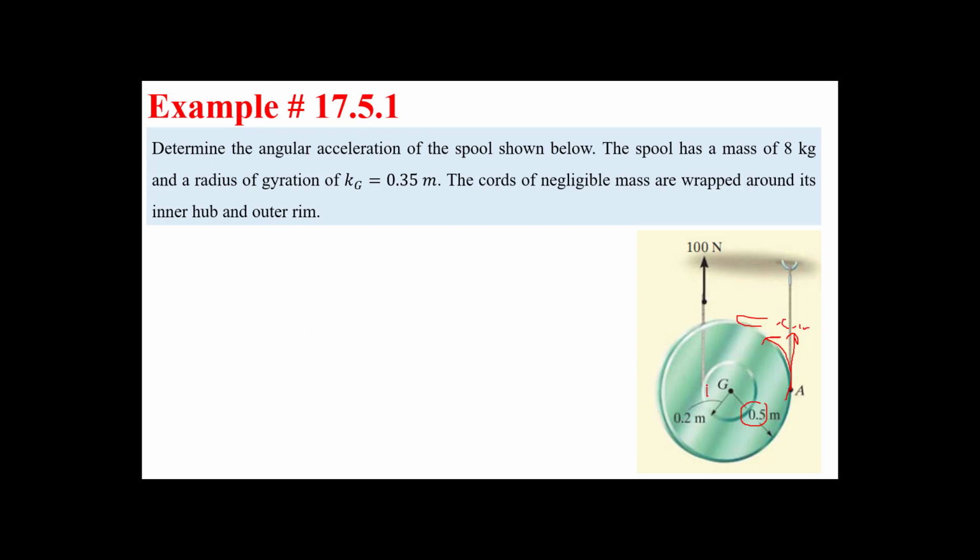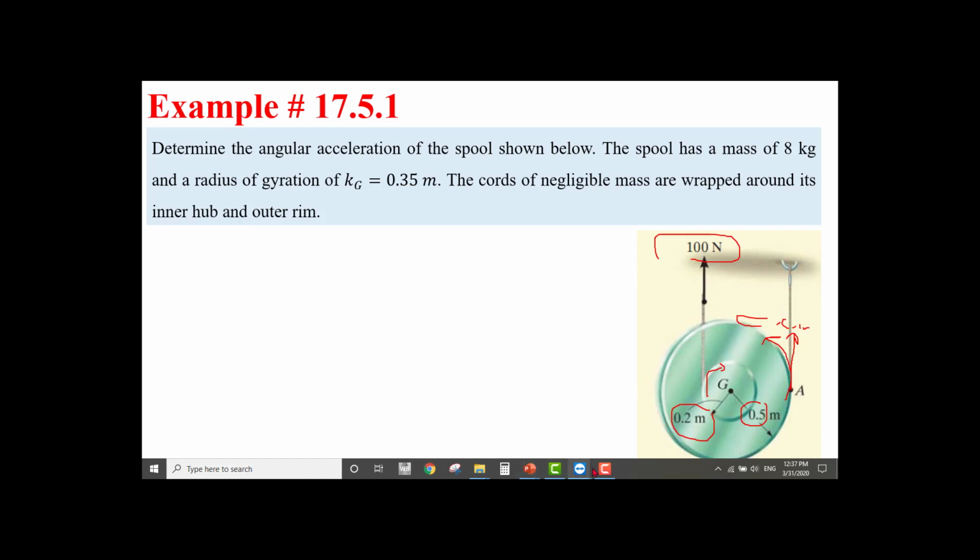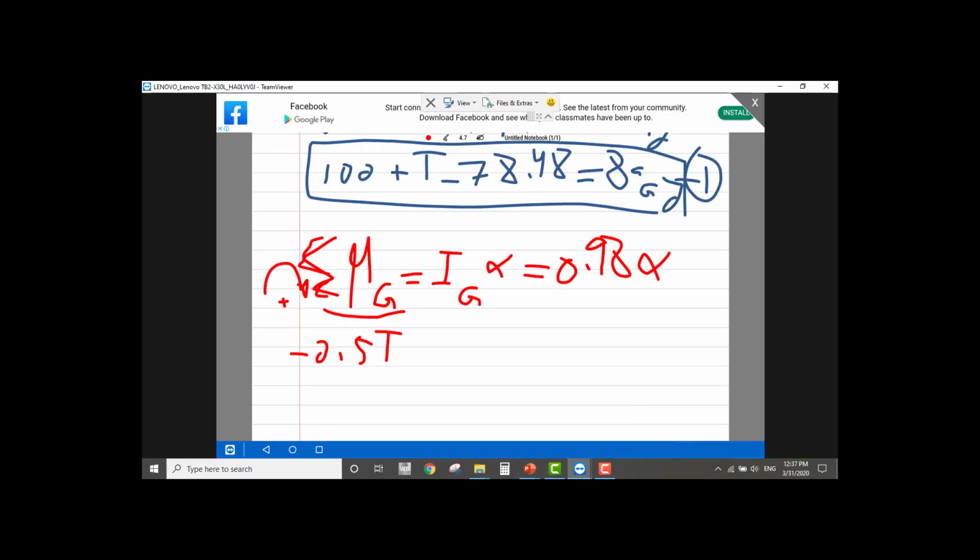How about the external force? This one will rotate in this direction, it will be clockwise. 0.2 multiplied by 100, and its sign is positive. Plus 0.2 multiplied by 100, and this is equal to 0.98 alpha.